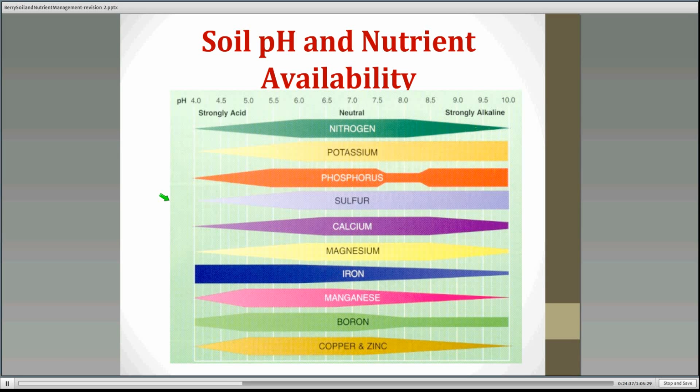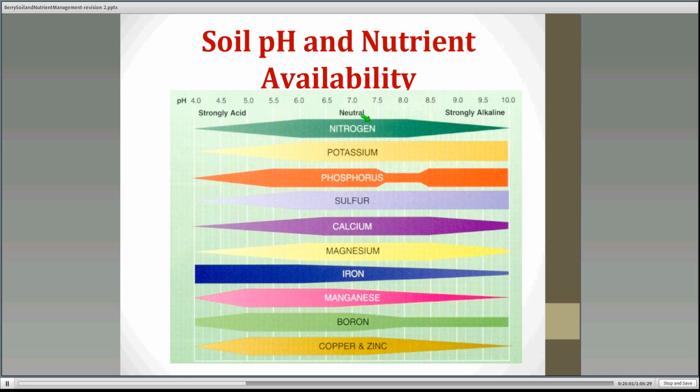So you can see that in the pH range of, let's say, 6 to 7, you find that most nutrients have a high availability. As you go towards strongly acid, the availability of many nutrients falls off, and that can affect the performance of your plants.